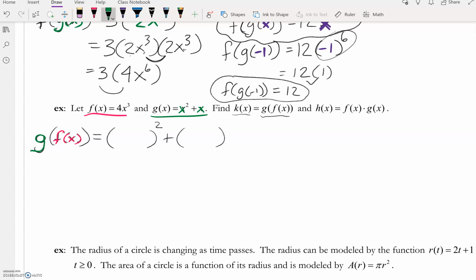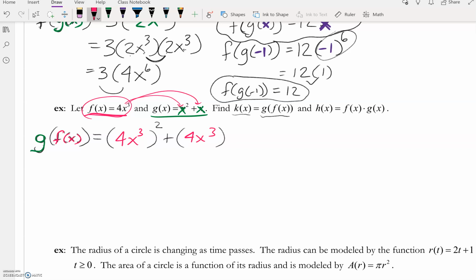Those two little pieces in green here, I just have in parentheses right now. Everywhere I see an x, I need to plug this whole function in. So I'm going to have 4x cubed squared, that first x value gets plugged in there, and then plus another 4x cubed.